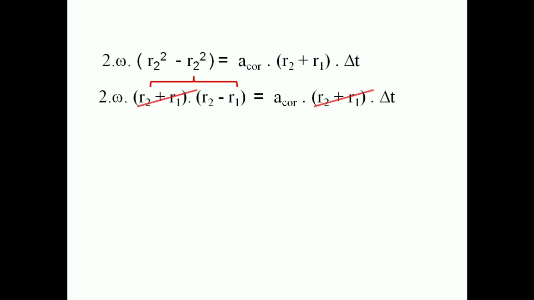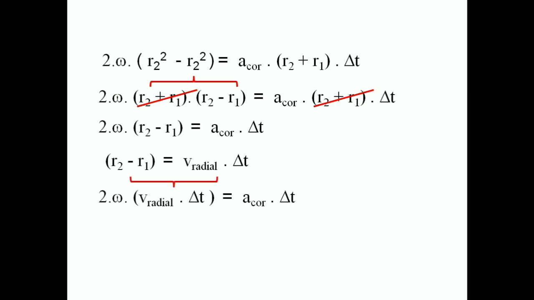This allows the similar bracketed terms to be cancelled. r2 minus r1 is the distance travelled along the arm, which is also given by the radial velocity multiplied by delta t. Delta t cancels, leaving the Coriolis acceleration equal to 2 times omega times the radial velocity.